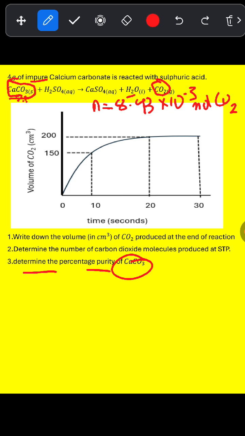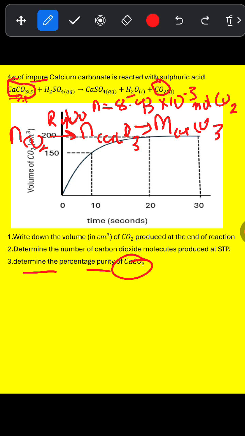So from the number of moles of carbon dioxide that I got, I'm going to use the ratio to get the number of moles of calcium carbonate. Then from there I get the mass of calcium carbonate. After getting the mass, that will be the pure mass. This mass is pure. Right.